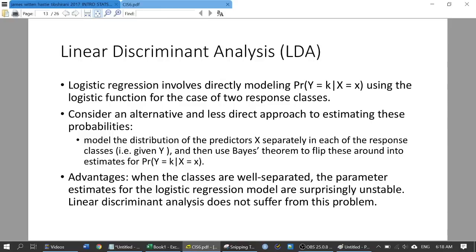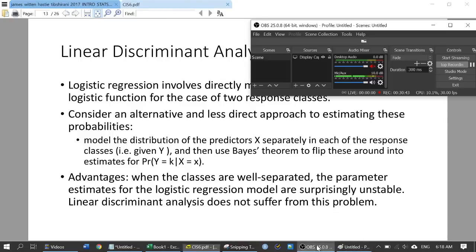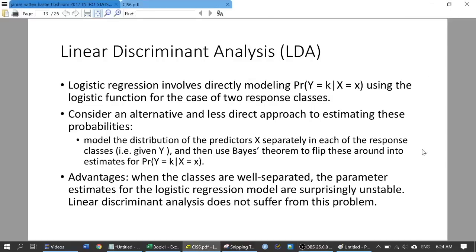We're going to continue with the linear discriminant analysis. Logistic regression involved directly modeling the probability of y based on x using the logistic function for the case of two response classes. Now let us consider an alternative and less direct approach to estimate this probability.